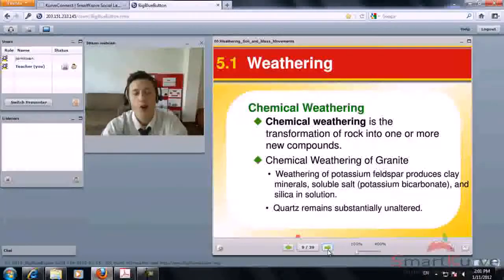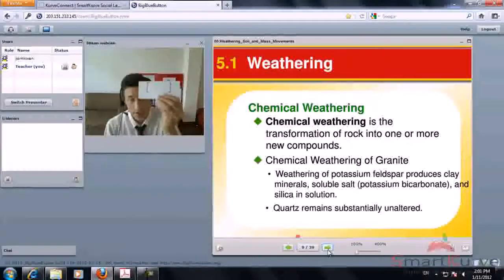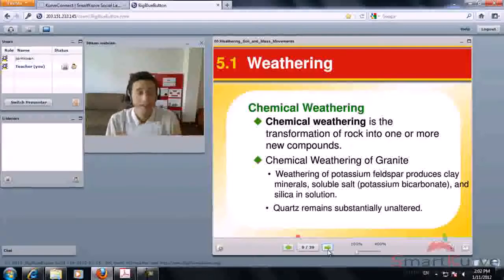So there are no alkali metals or alkali earth metals or transition metals or halogens that can enter into chemical reactions. So that's why the quartz remains unchanged. The quartz is going to stay the same because it's so simple. It's just silicon and oxygen.